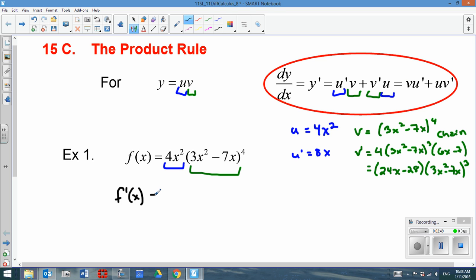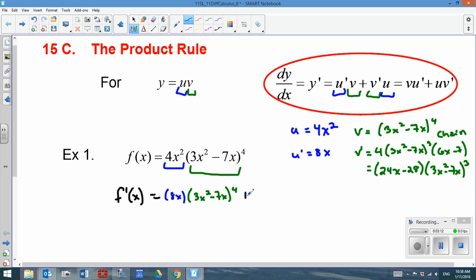So f dash, derivative of f of x, is going to be our derivative of u multiplied by the original v. So I'm going to take the derivative of u, which is 8x, and I'm going to multiply that by my original v, which is 3x squared minus 7x, all raised to the fourth power.